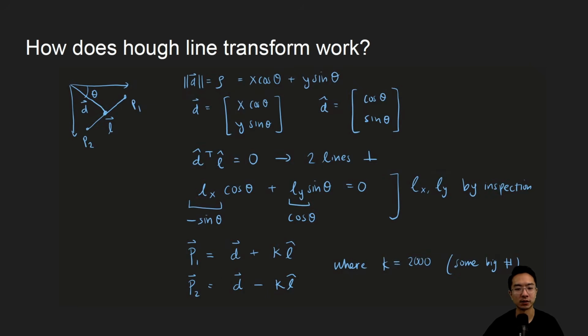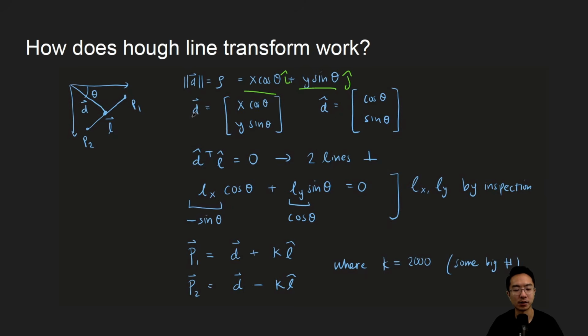And in OpenCV, you're going to see a part where they try to calculate the 2 points on the line. The way that works is you could first describe the distance vector as x cosine theta plus y sine theta, and you can imagine this could be in the i and in the j direction, for example.